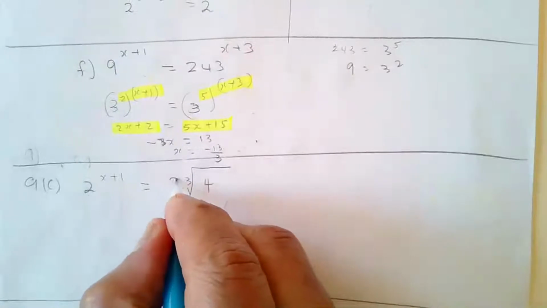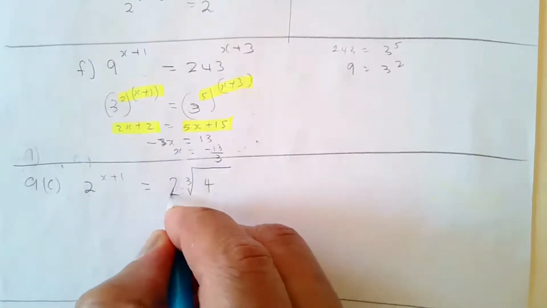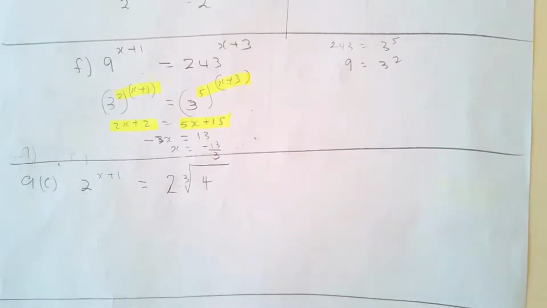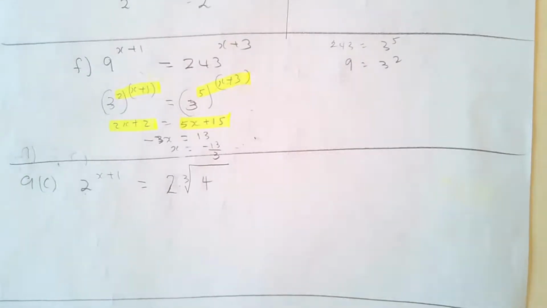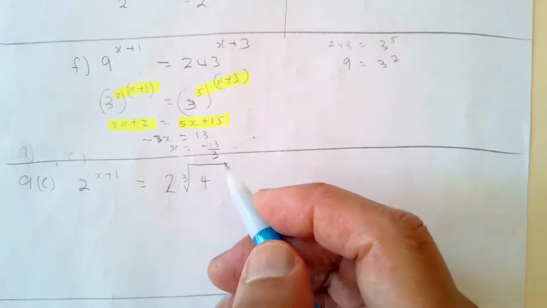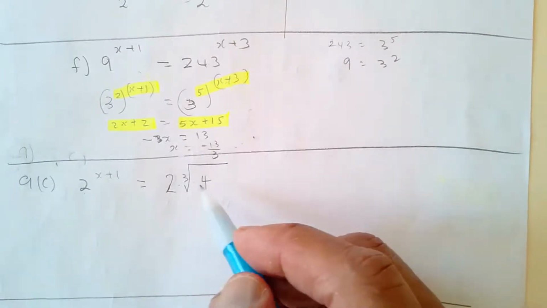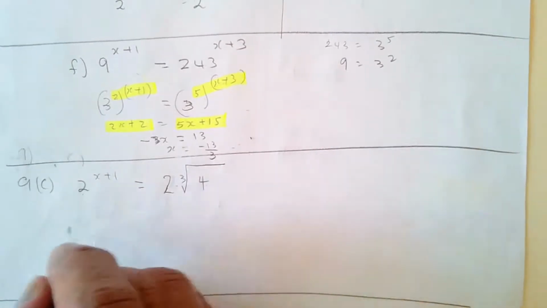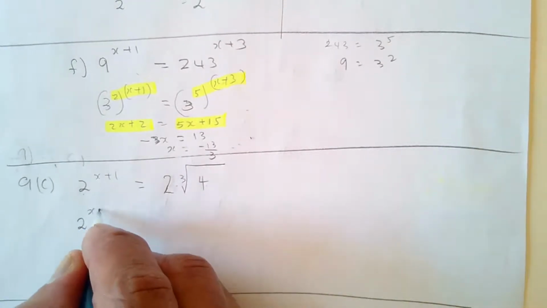Looks like part of this is 2 here. So 2 to the cube root of 4. So we want to write 4 as a power of 2. So write 4 as a power of 2, so it becomes 2 to the power of x plus 1.